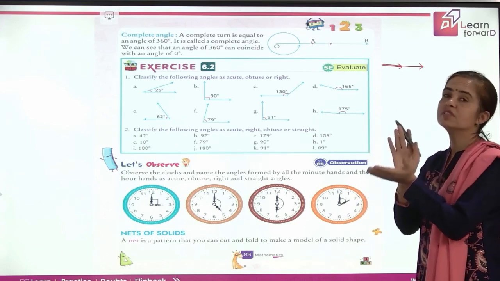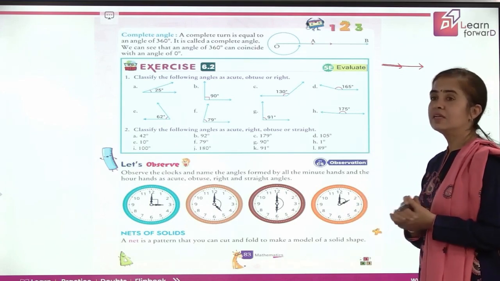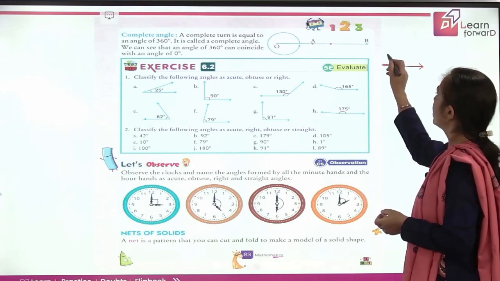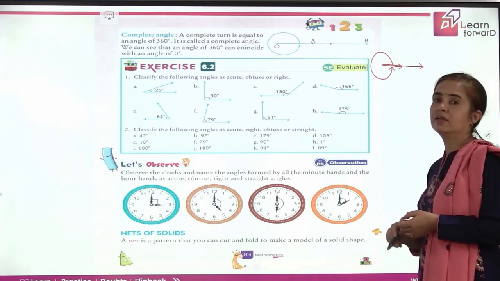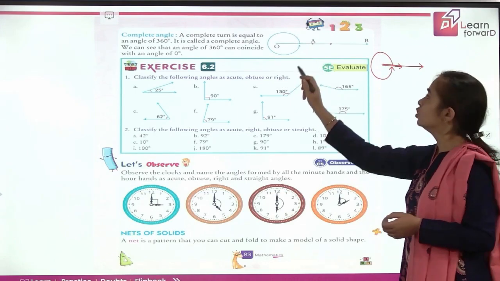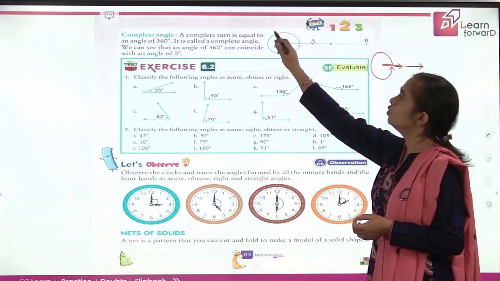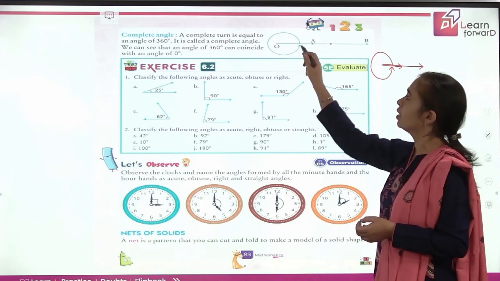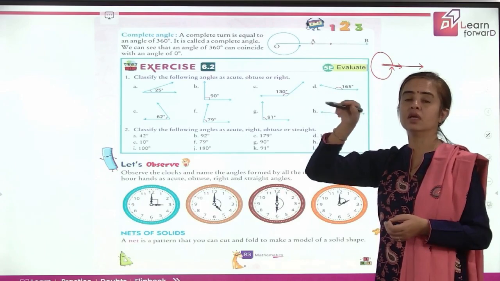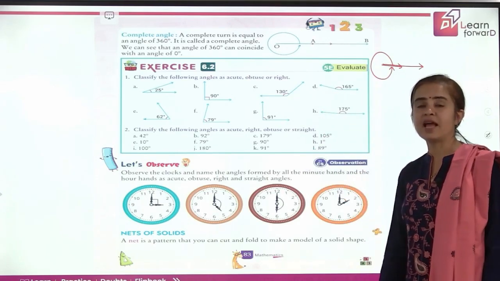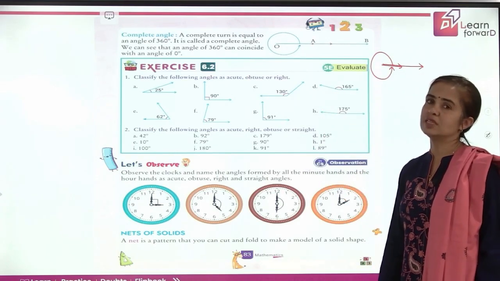Because they have not even started moving apart. But if I mark the angle like this, can you see this arrow? It shows it has moved from here back up to the same point. It means it turned the whole circle. So that is called a complete angle, which is equal to 360 degrees.